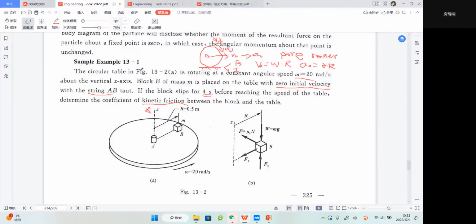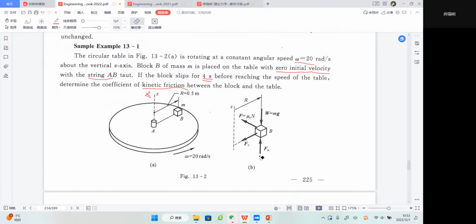So back to this problem. It means let us determine the kinetic friction between the block and the table. How can we finish this task? Let's do the analysis. We select this block B as the object to be studied. We should do a force analysis. You see?